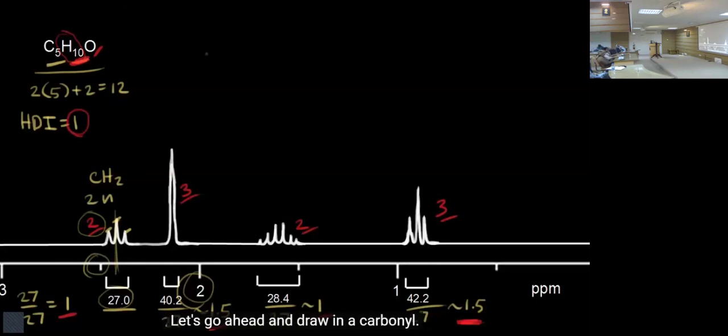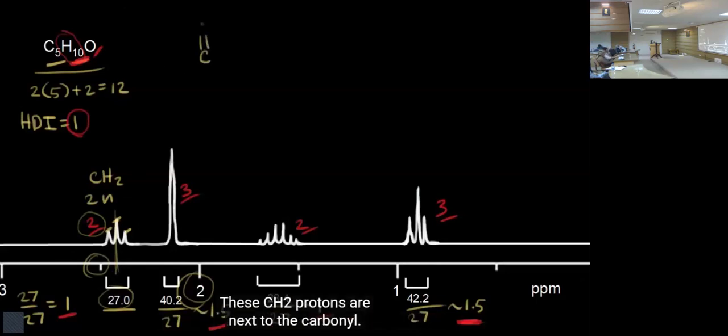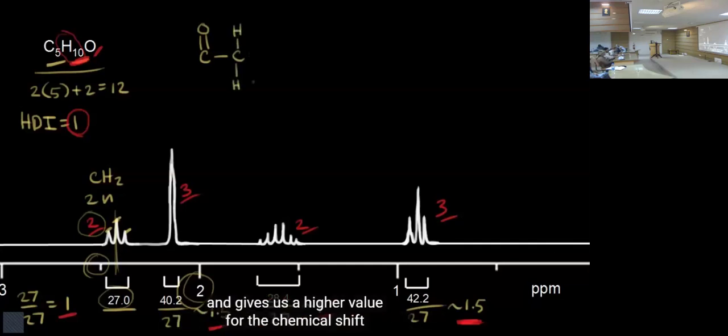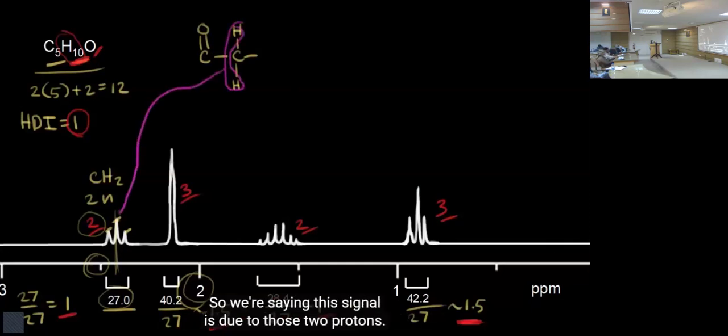So let's draw in a carbonyl, and these CH2 protons are next to the carbonyl. We know that because of the shift. The oxygen de-shields these 2 protons a little bit and gives us a higher chemical shift compared to something in an alkane-type region. Let's color these protons magenta. So this signal is due to those 2 protons.